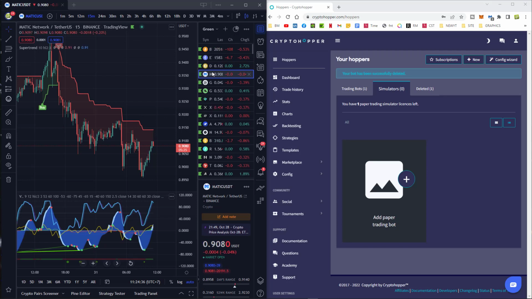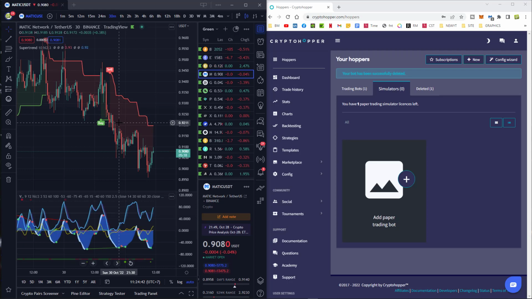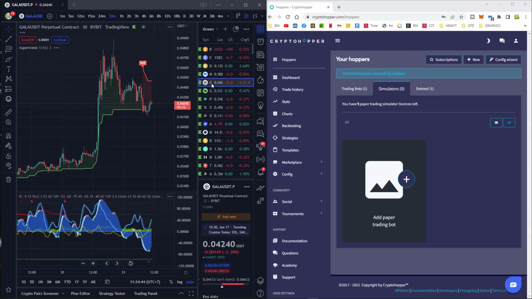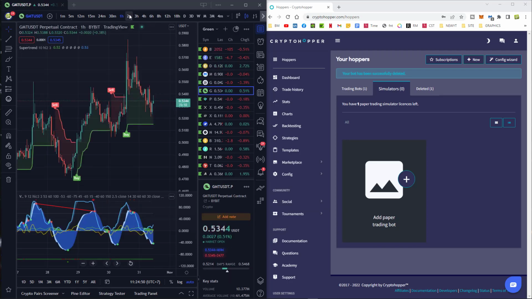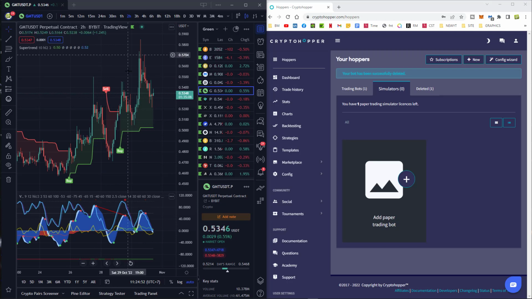Yeah, you could have Matic on the 30 minute, and you could have Gala on the 1 hour, and you could have something else, GMT on the 2 hour, and you could let the paper trading bot go for a few days and see what gives you the best results, which time frame.